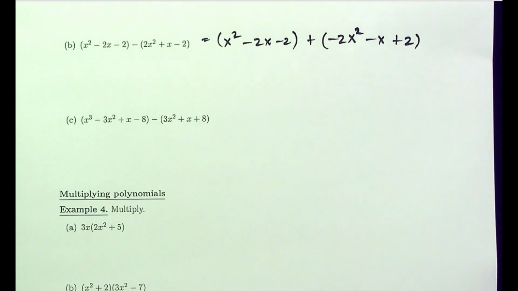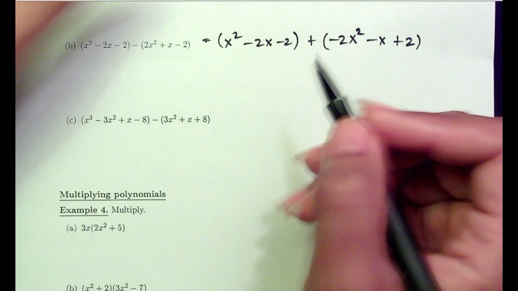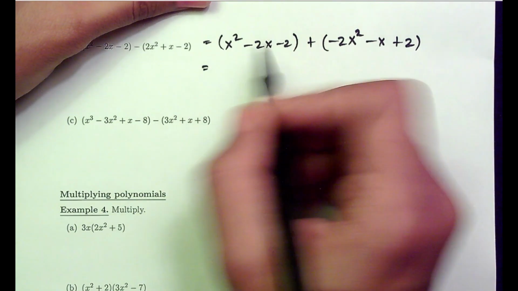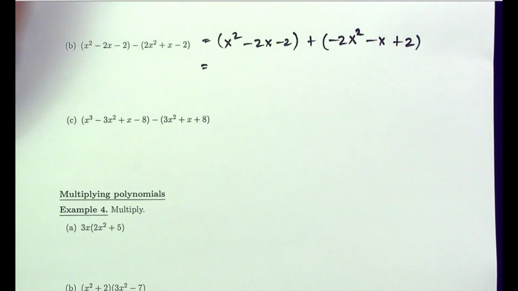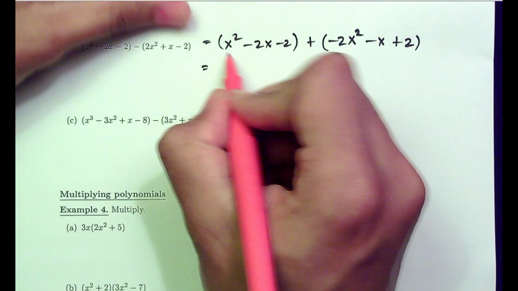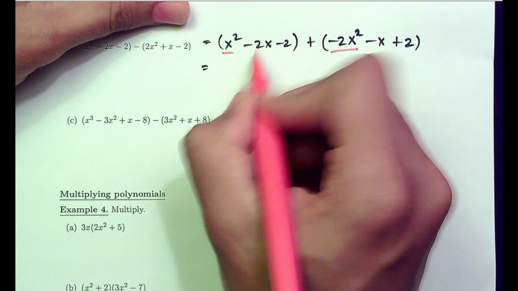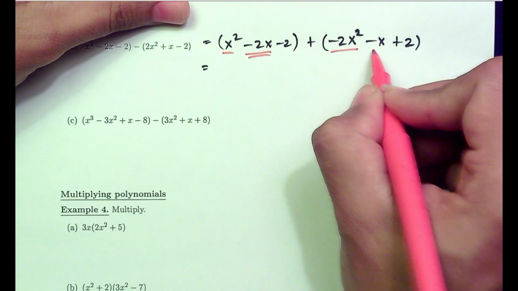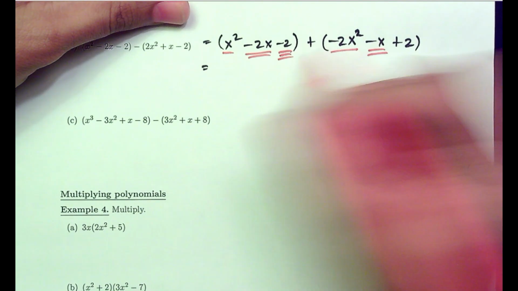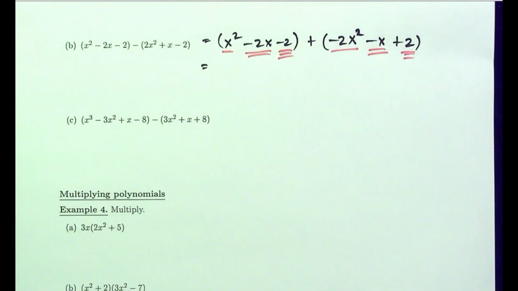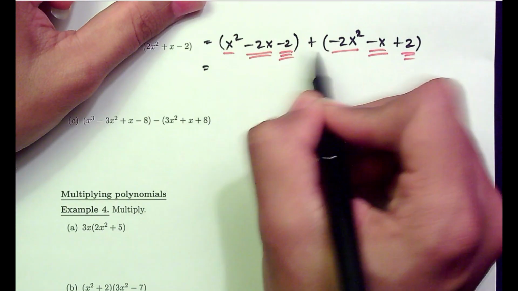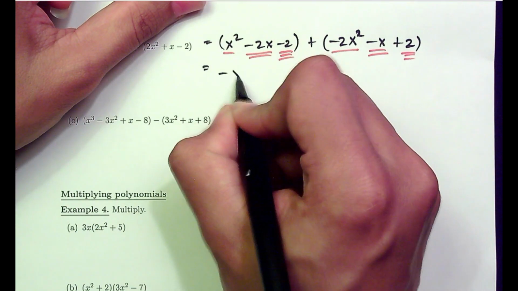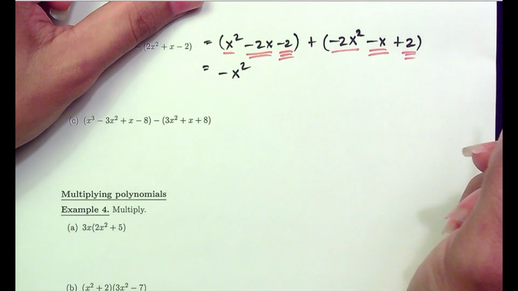And then now you add them as before. Collect like terms. So you have x squared and negative 2x squared. Those two are like terms. And those two are like terms. And then the constants. Alright, so let's combine them. 1 plus negative 2 is negative 1, so negative x squared.